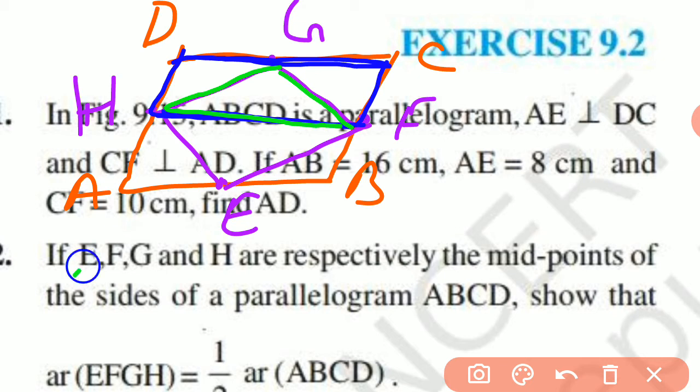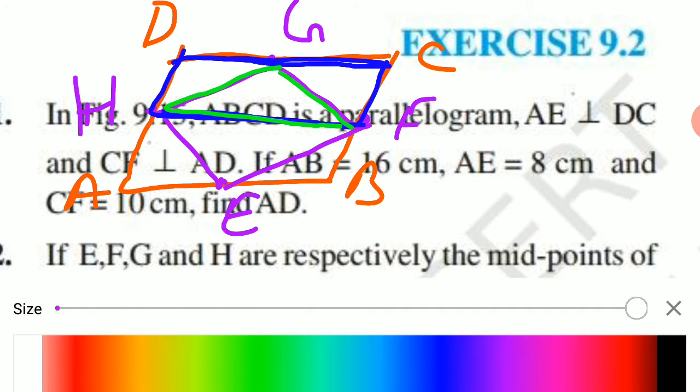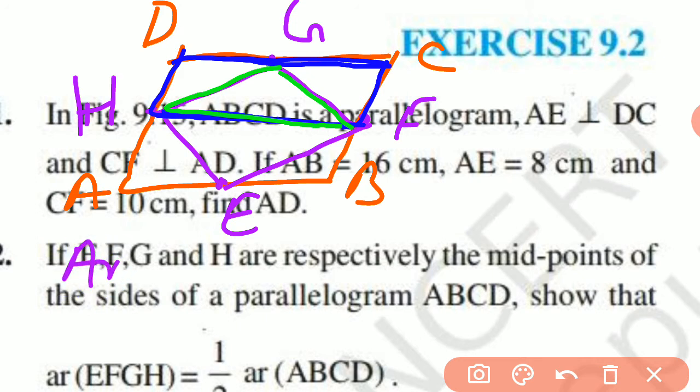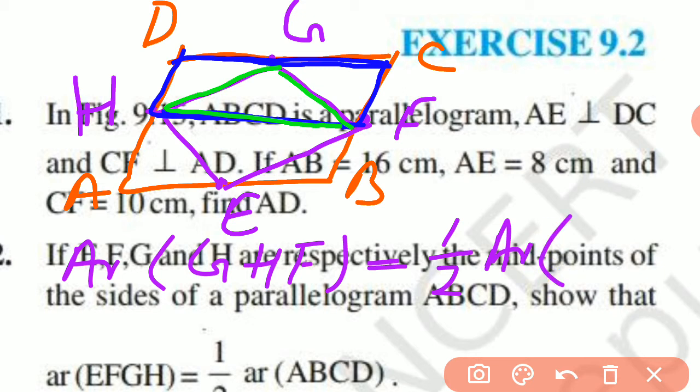So we can say that area of triangle GHF is equal to half of the area of quadrilateral or parallelogram DCFH. Area of triangle is half of the area of parallelogram on the same base and between the same parallels.